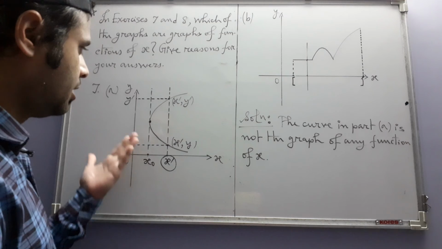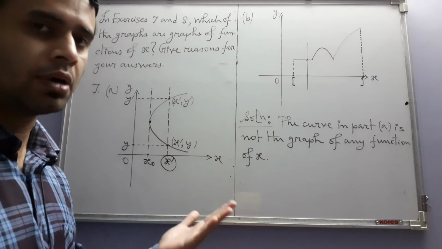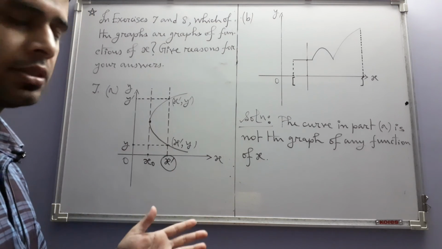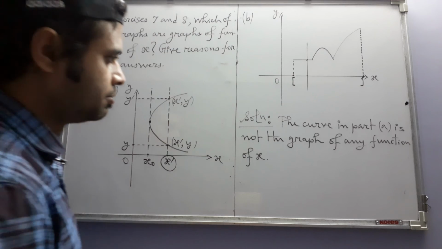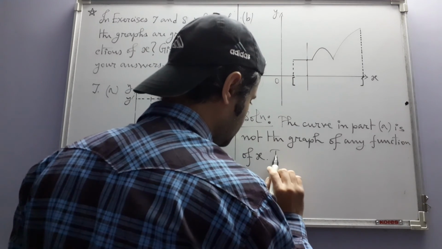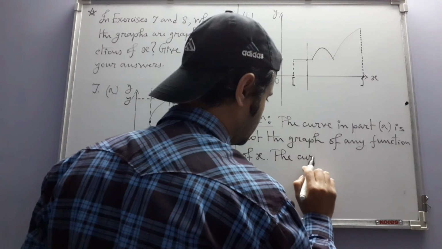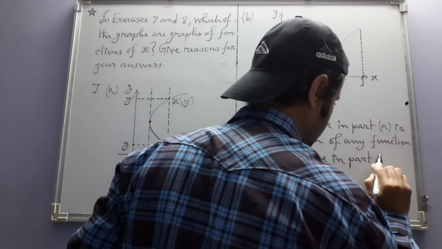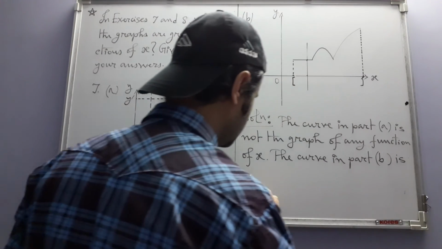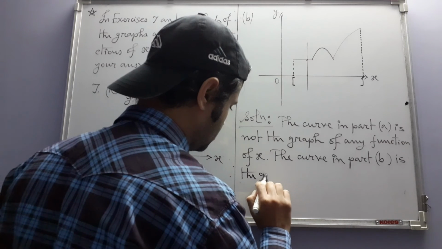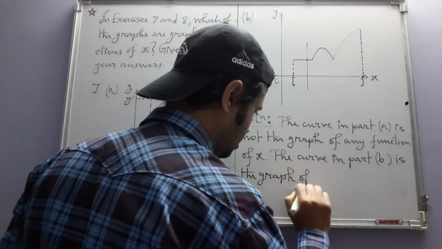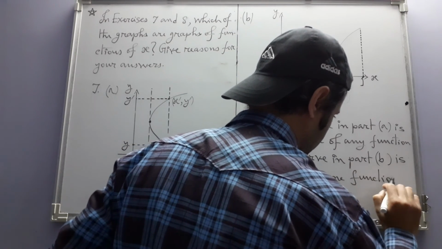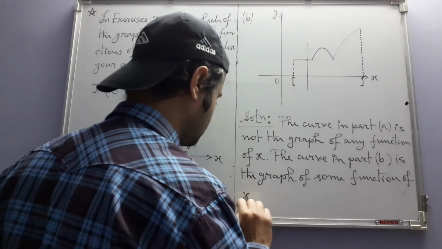You can write that this curve fails the vertical line test, whereas the one in part B satisfies the vertical line test, or it passes the test. Is the graph of some function of x.